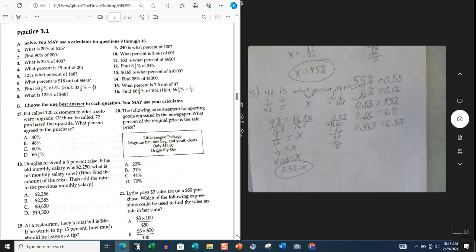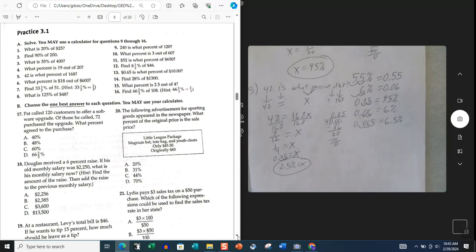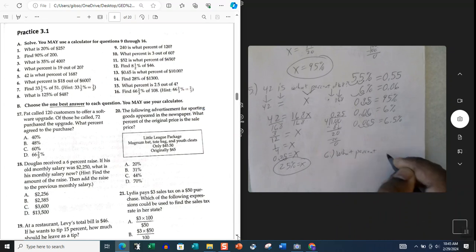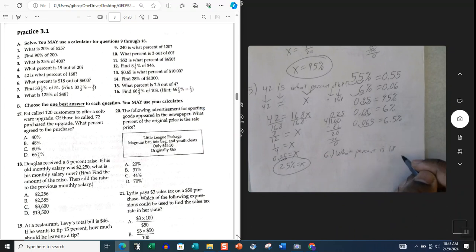Now we go to problem 6. It says, what percent is 18 out of 600? So number 6, what percent is 18 out of 600? And we know that's dollars.